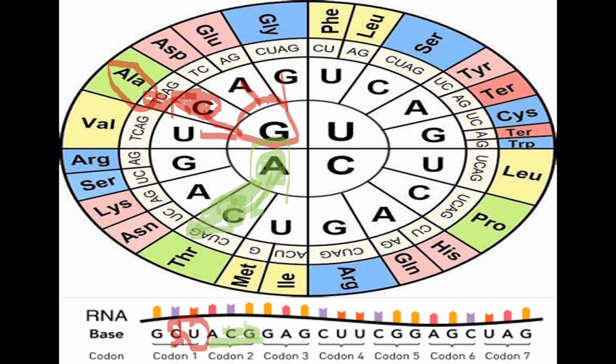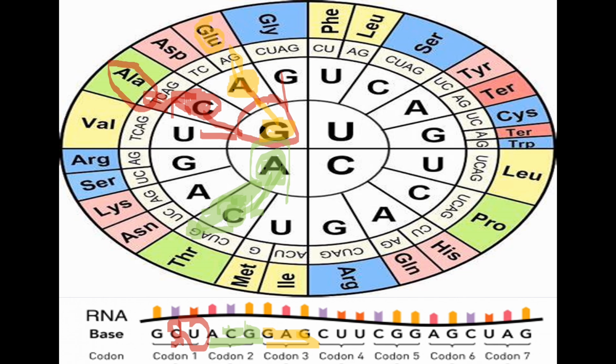Number codon 3, it's GAG. So we're here again, G, second one is A, G. Okay, this is the one.